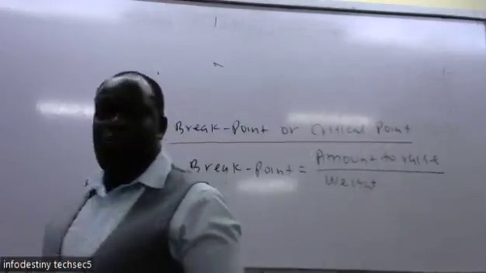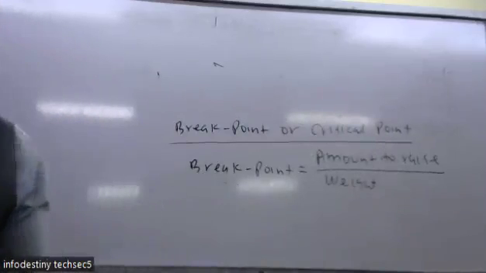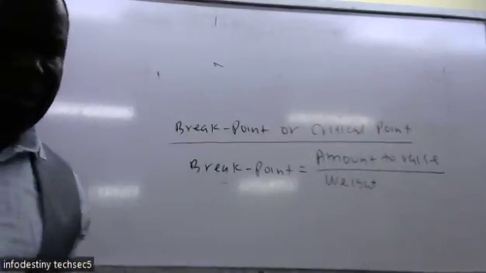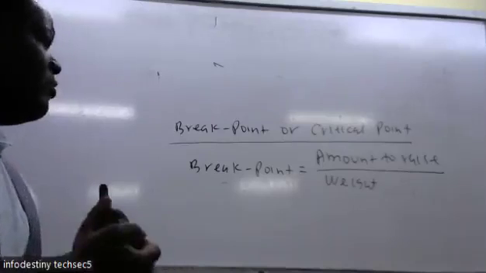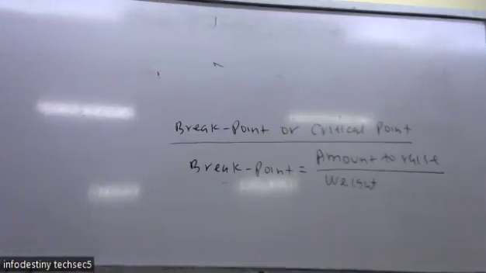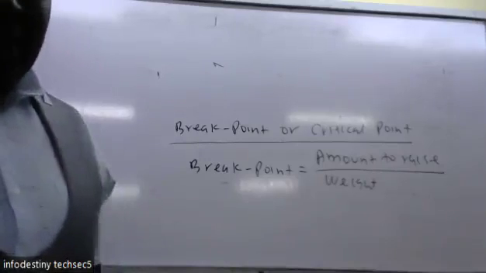So when you want to compute the breakpoint, simply get the amount to raise from a given component source of finance and divide by the weight. The weight is the same as the proportion. But we shall get more when we go through a question.